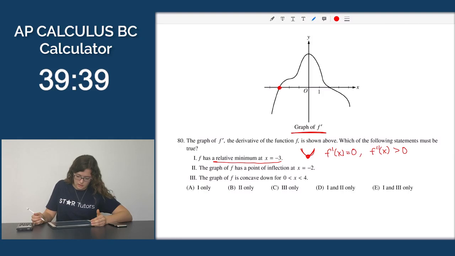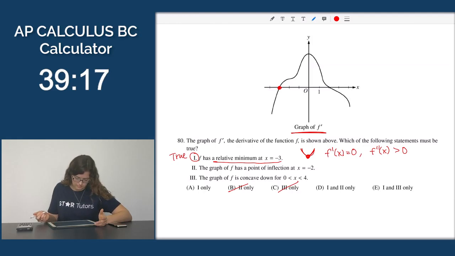That's good. And then the second derivative will be the slope of the first derivative. The slope of this graph is positive. So this one's true. 1 is true. Okay, so that means I can get rid of B and C. So now it's either 1 and 2 or 1 and 3, so I only need to check one of them.